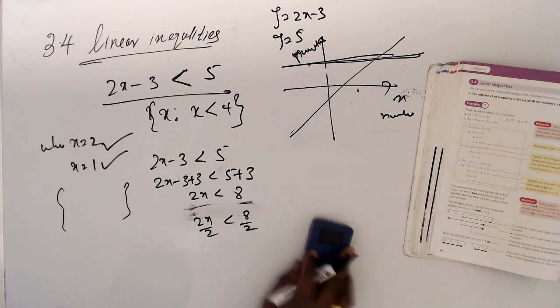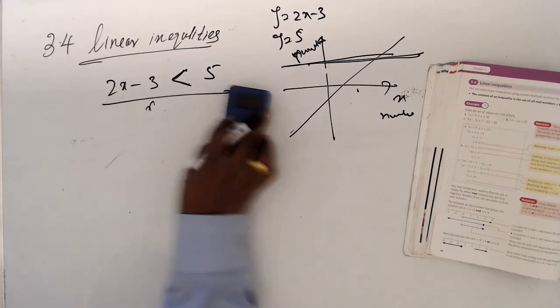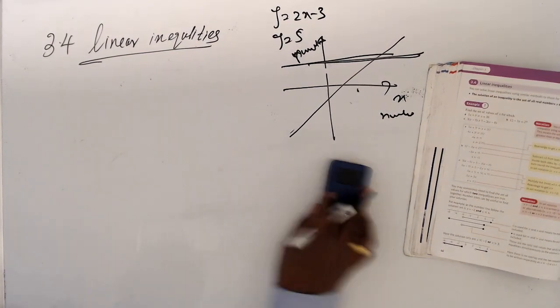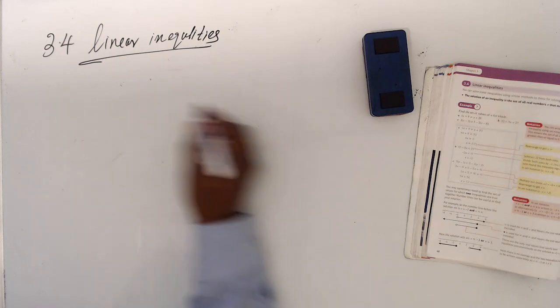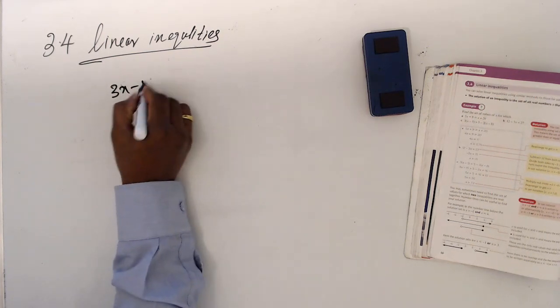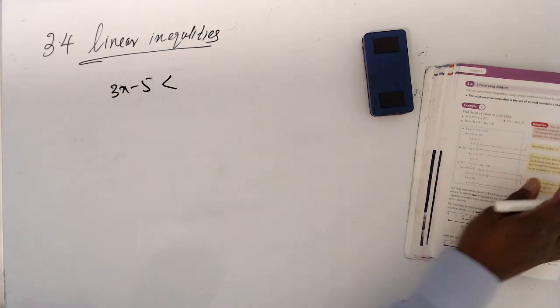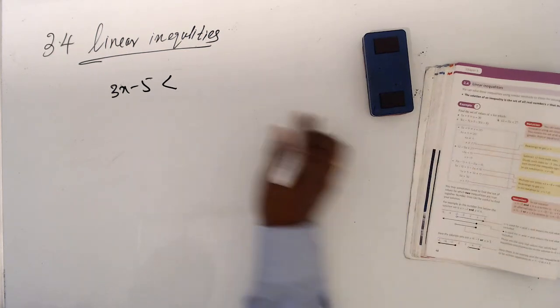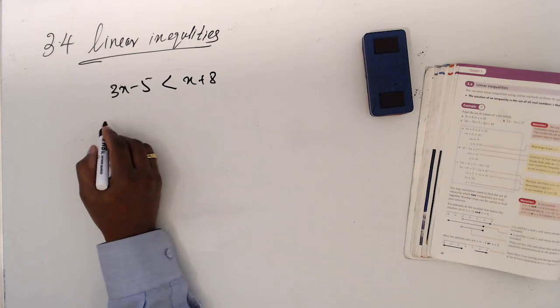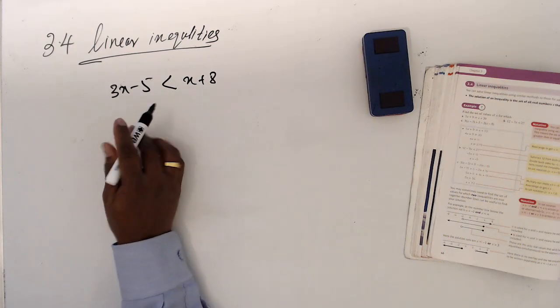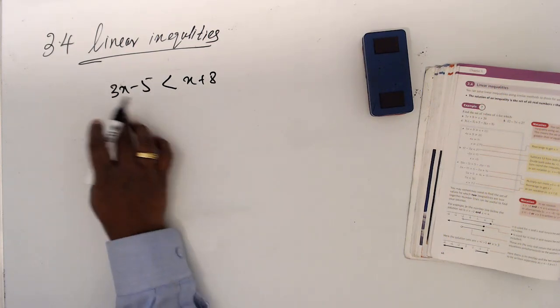Another example: 3x minus 5 less than x plus 8. What are the solutions to this inequality?